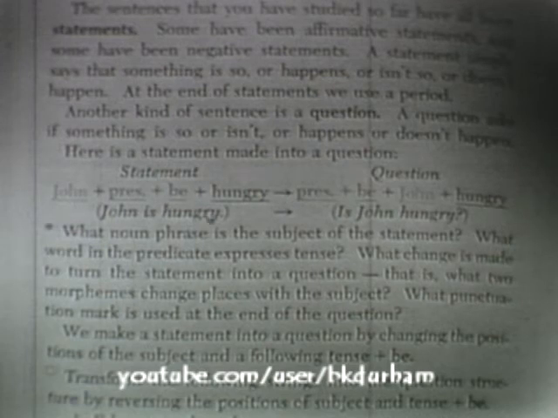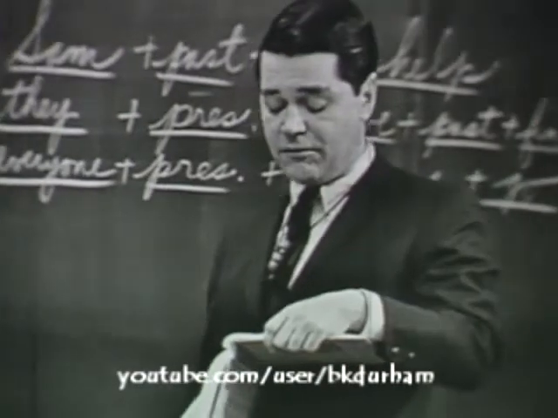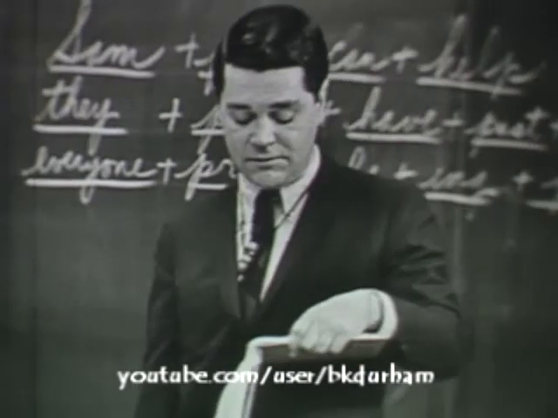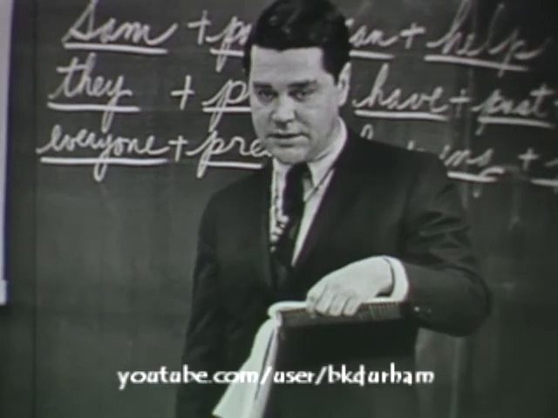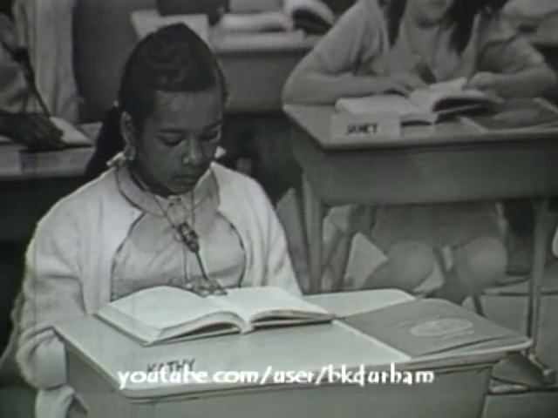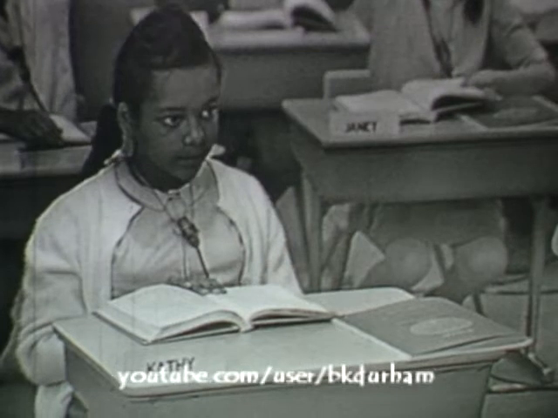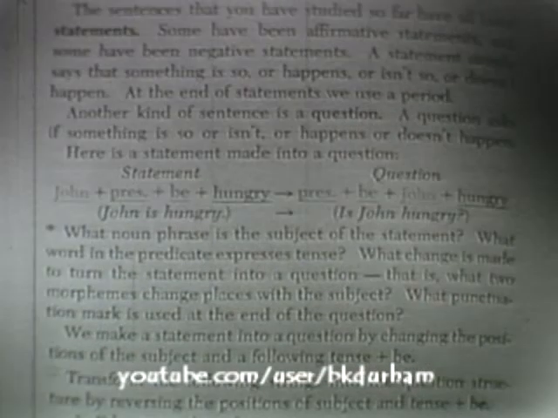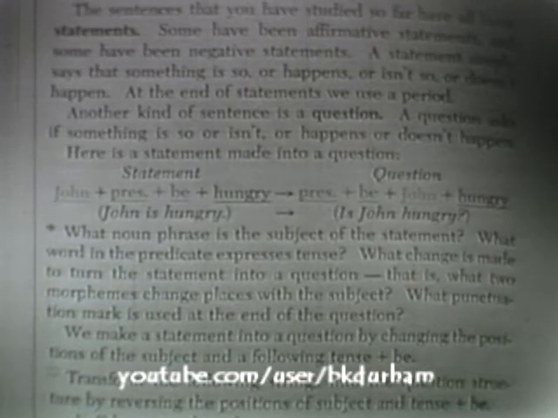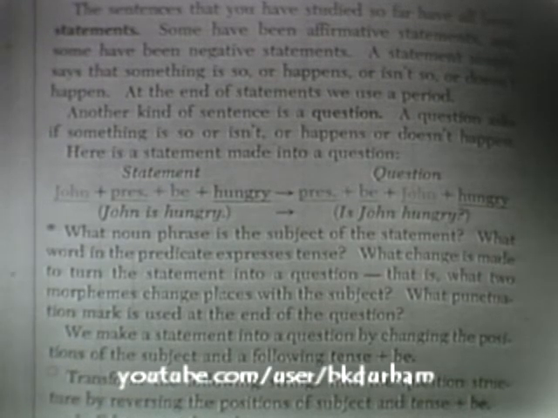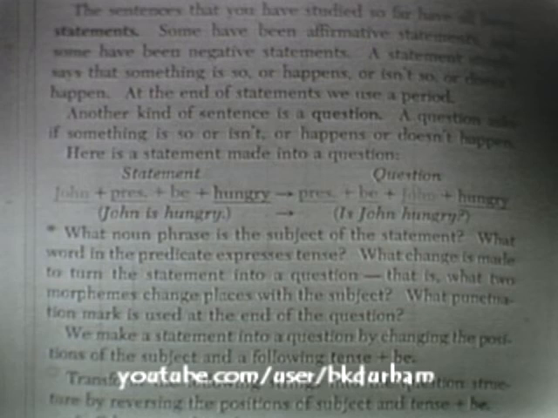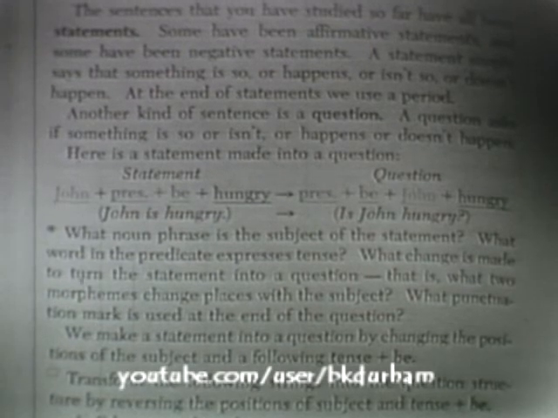Then it asks, Josh, what noun phrase is the subject of the statement? John. All right. And Kathy, what word in the predicate expresses tense? Is. Very good. And Scott, what change is made to turn the statement into a question? That is, what two morphemes change places with the subject?